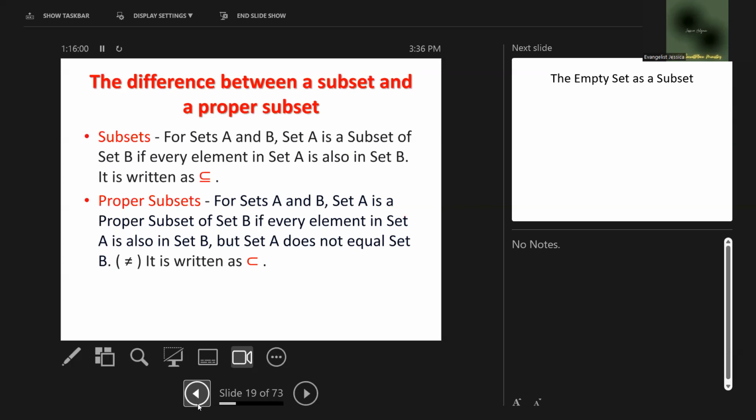Proper subset: for sets A and B, set A is a proper subset of set B if every element in set A is also in set B, but set A does not equal set B.